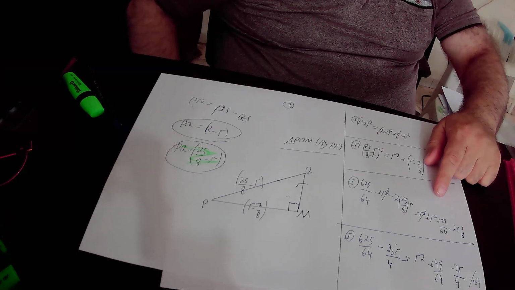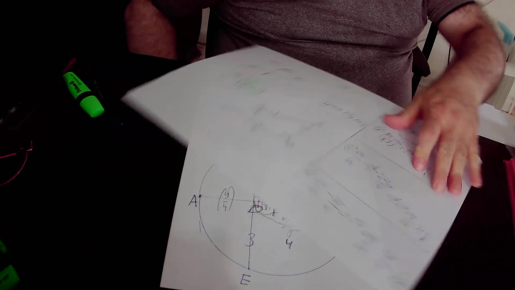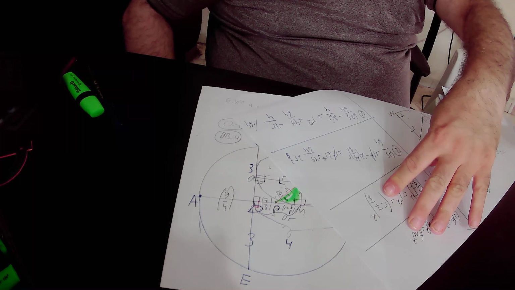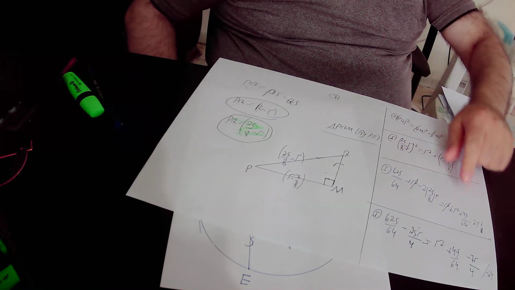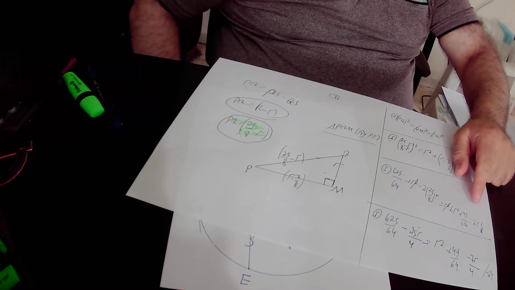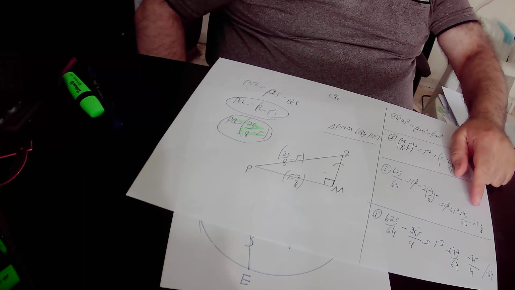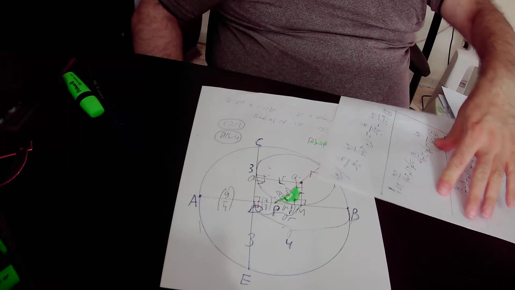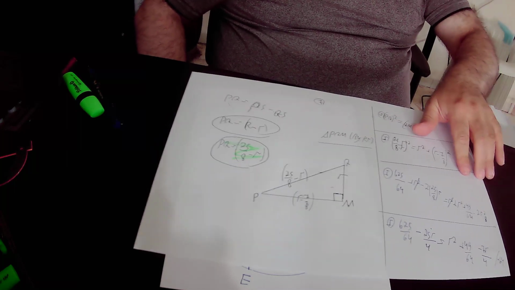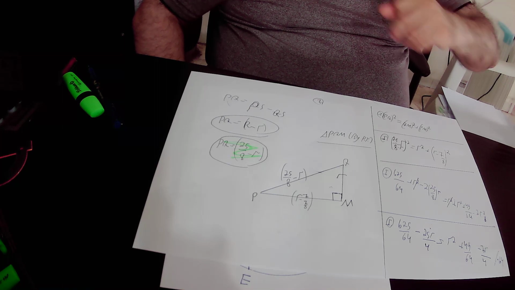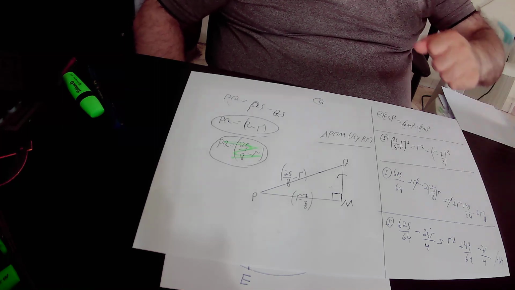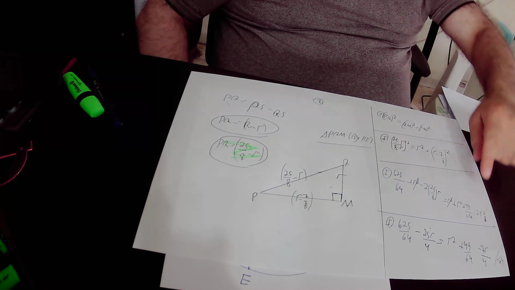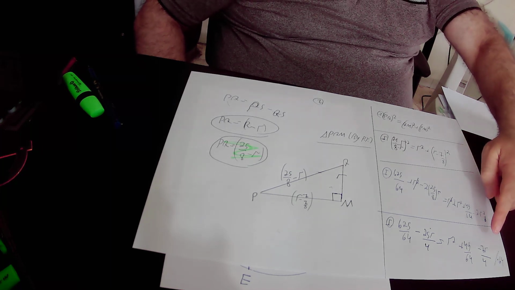And here we have r squared plus 49 over 64 minus 2r times 7 over 8. So we multiplied this expression by 64, and we found that this expression equals minus 7r over 4.